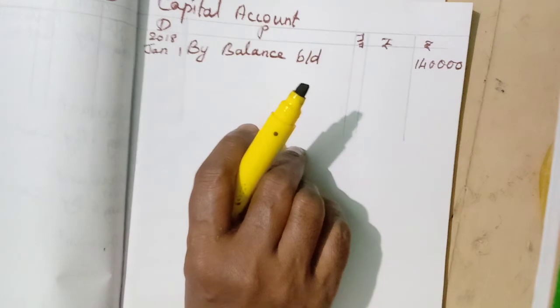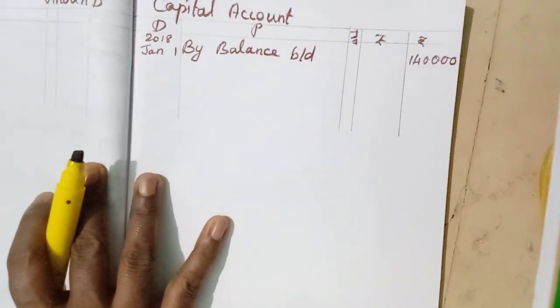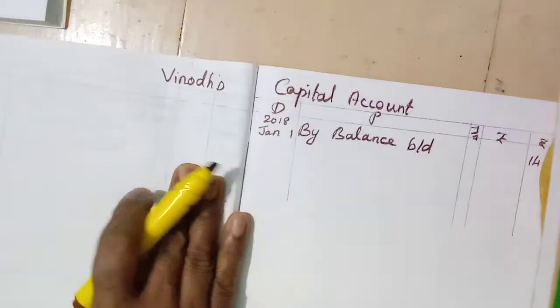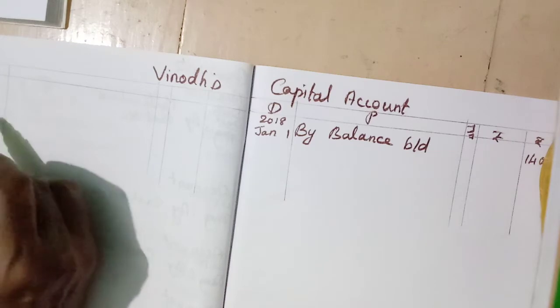Now, I think next problem alone we can do. Prepare furniture account from the following transactions. So, furniture account, number 4.